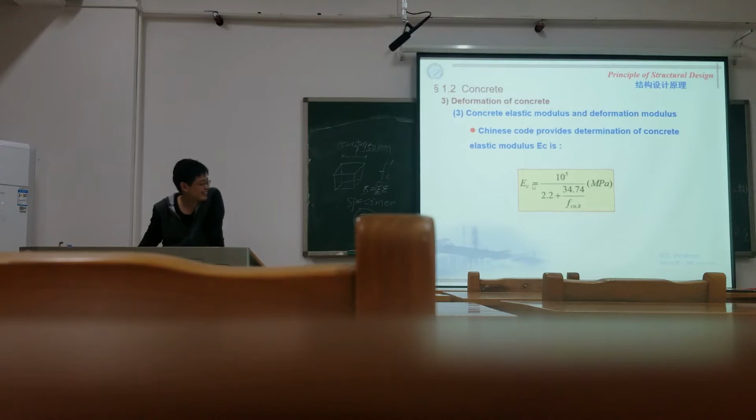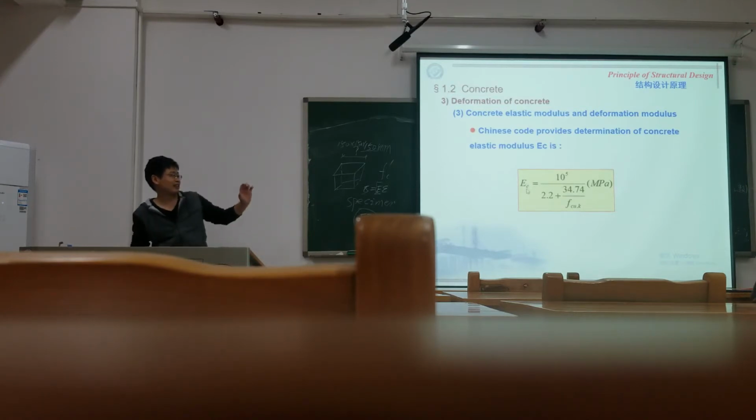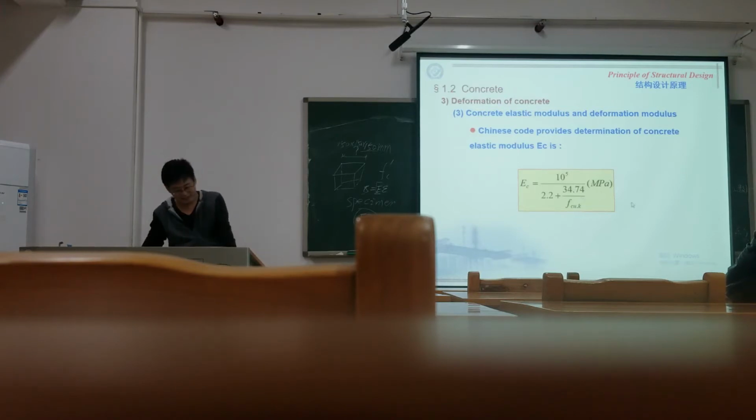So what do you see? Actually, as the grade of the concrete increases, the elastic modulus changes not so much. Because here it is 20, 40, 50, and this value changes not so largely, just a little. You can put these different values into the calculation to see the difference between the different grades of concrete.